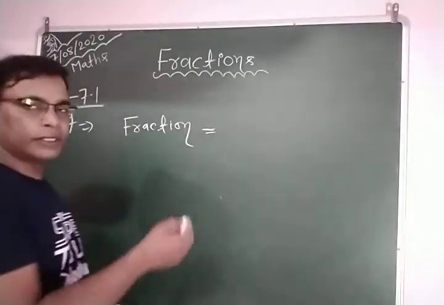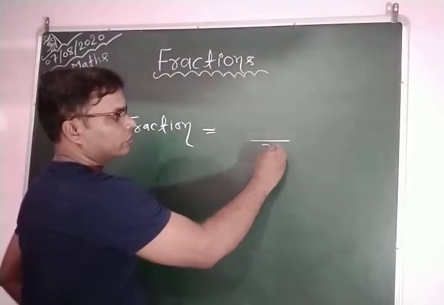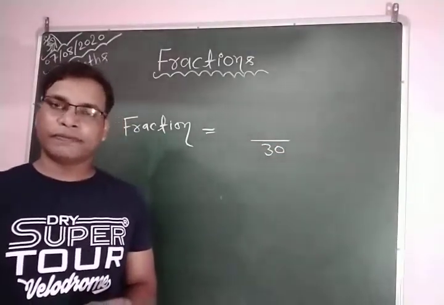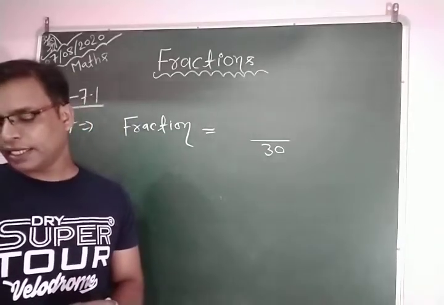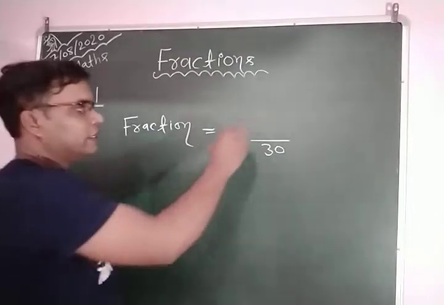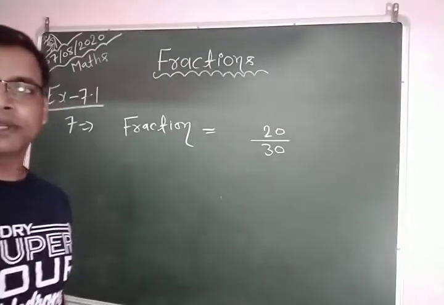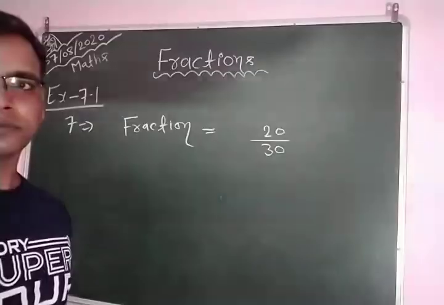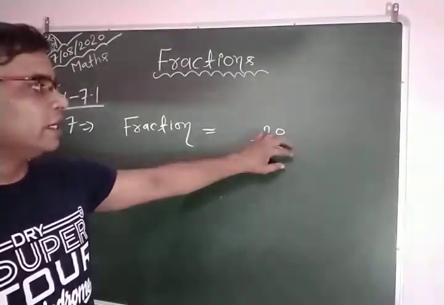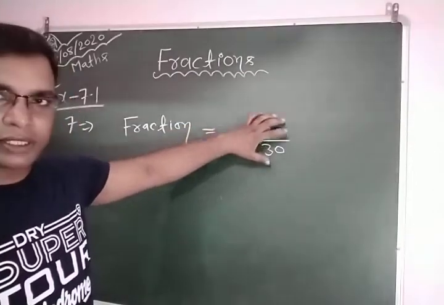Here the given total number of dresses is 30, and 20 dresses she finished. So we need to find what fraction of dresses she has finished. She finished 20 dresses out of 30. This is the required fraction of finished dresses.